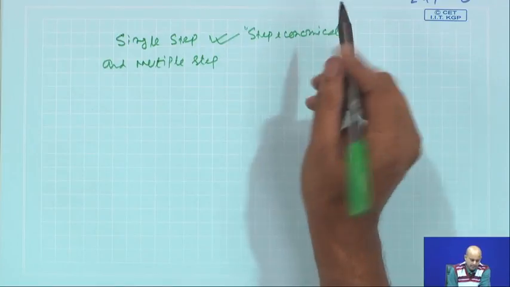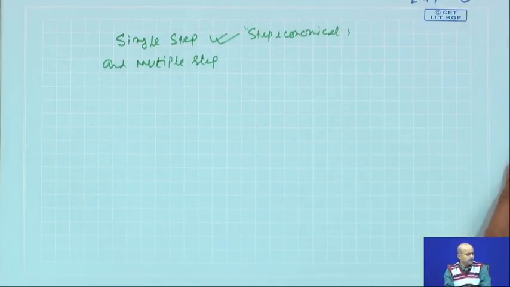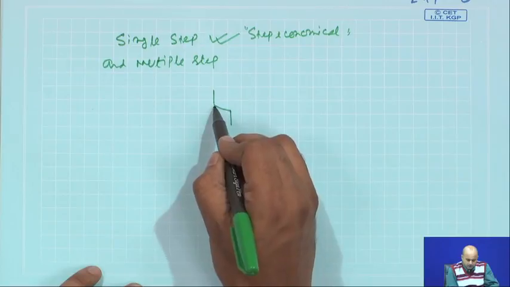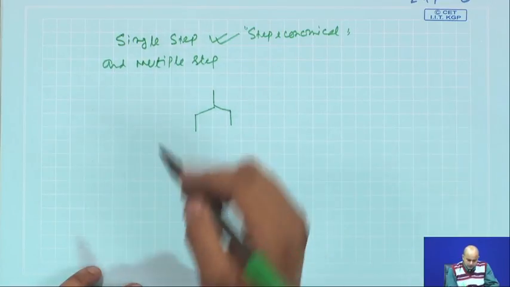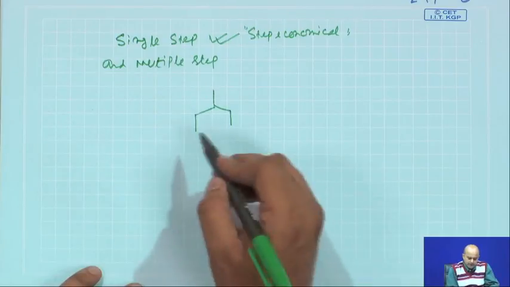Multiple step also sometimes you have to use, based on your prior requirement. All these things come into the achiral desymmetrization.